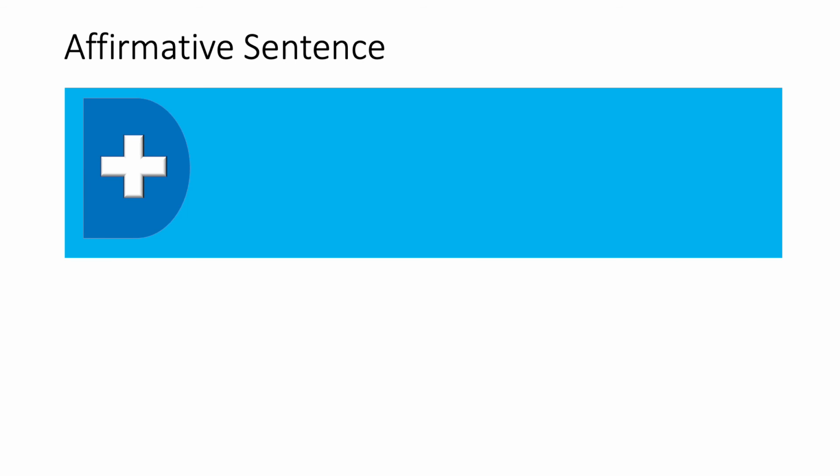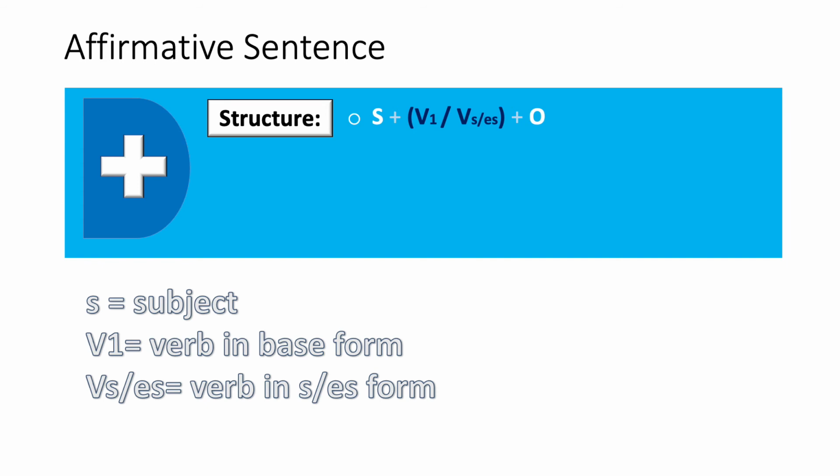Now, let's take a look at how we form sentences with the present simple. We will start with the affirmative sentence, or rather positive sentence. So here is the structure of a simple sentence. We will start with the subject, and then we add in the verb. The verb can be in V1 or V-s/-es form, depending on the subject, and we add the object to make the sentence more meaningful.